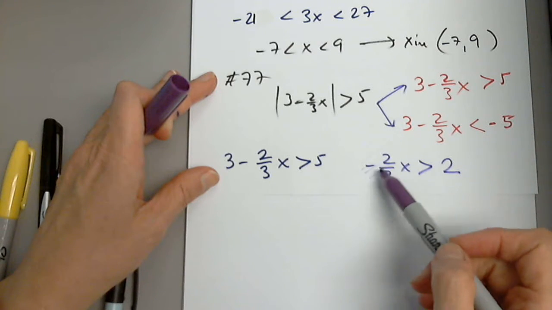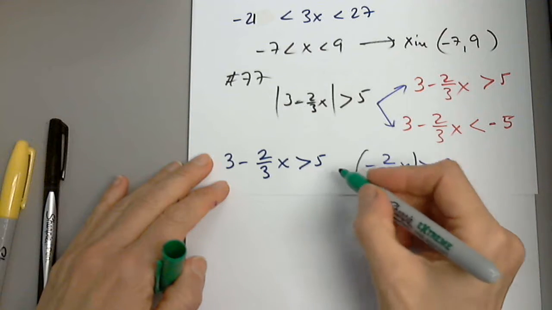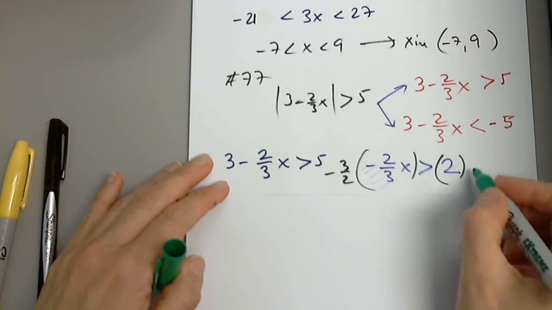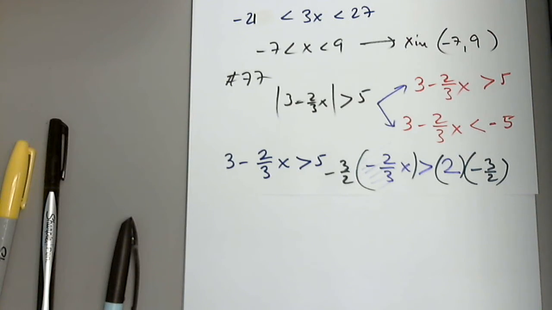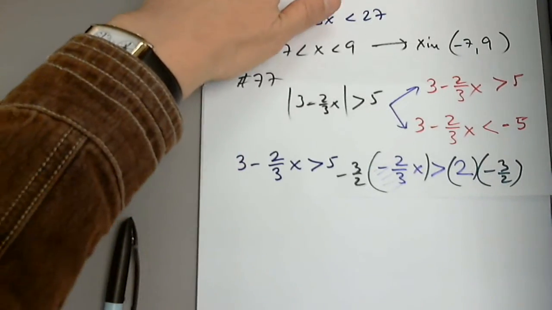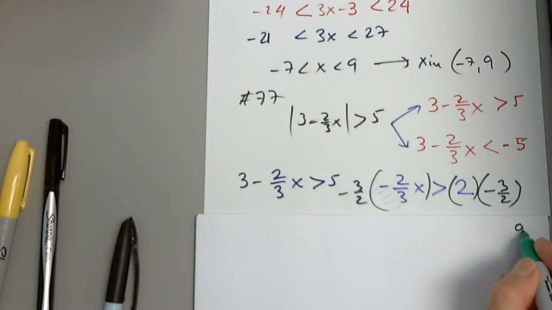And then because I want to eliminate negative 2/3, what should I multiply both sides by? The multiplicative inverse with negative though, right? So 3/2 with minus in front. So negative 3/2 and negative 3/2. What is the left-hand side? Very good. That's what we wanted, to eliminate just that.